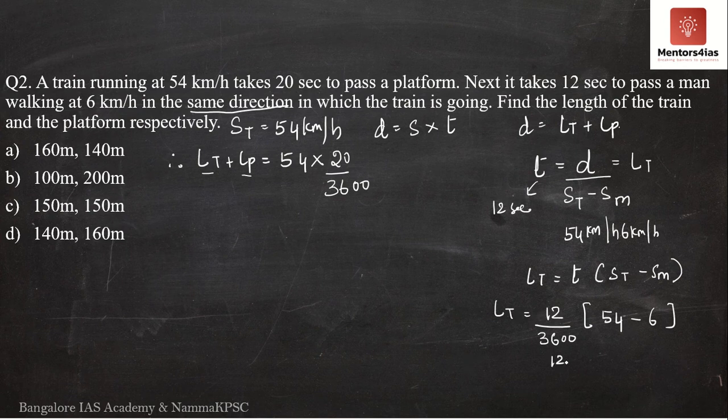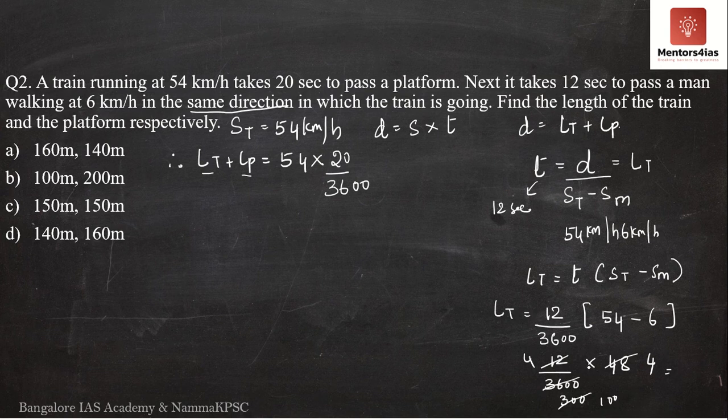So we get 12 divided by 3600 into 48. 12 3s are 36, so we have 300 over here. 12 4s are 48. 3 4s are 12. 300s are 300.